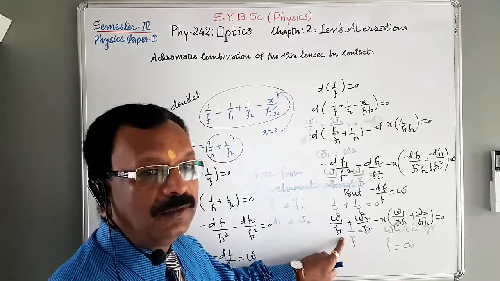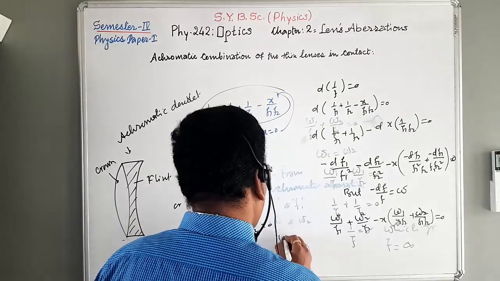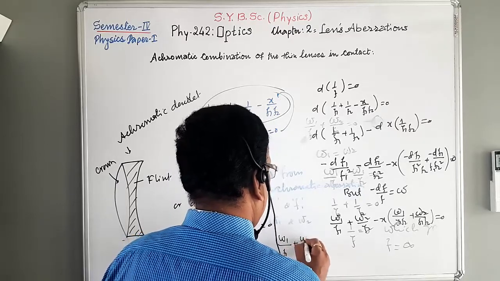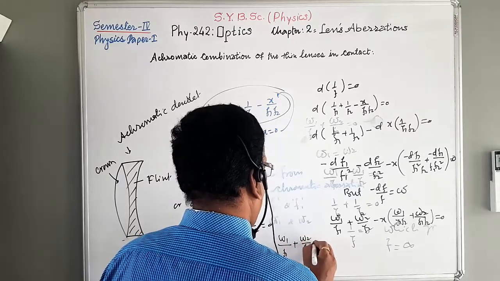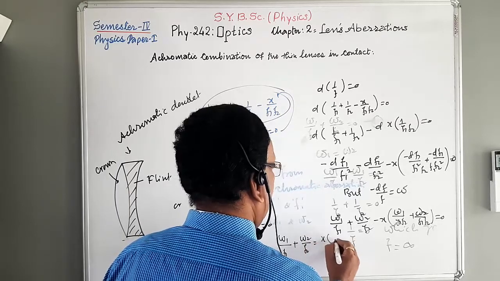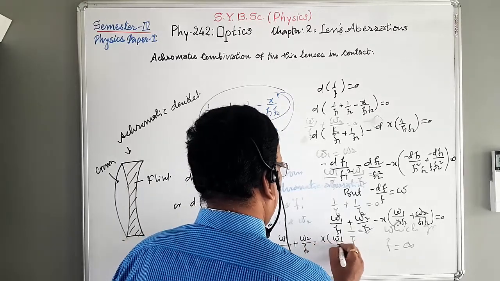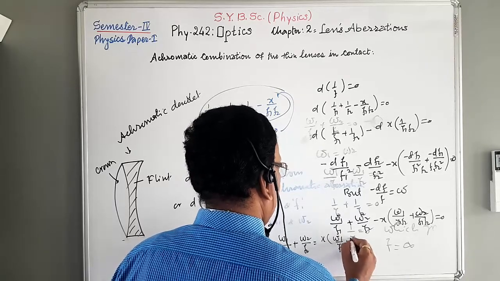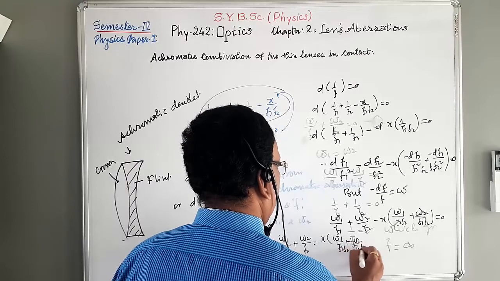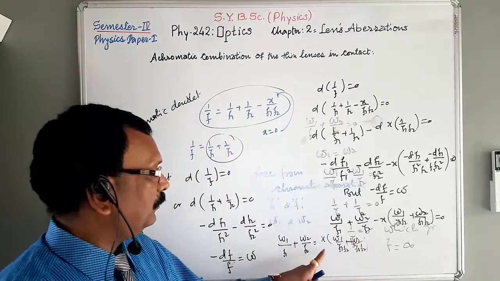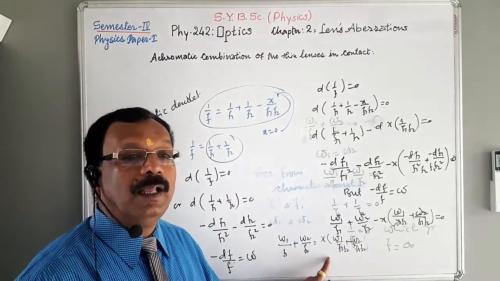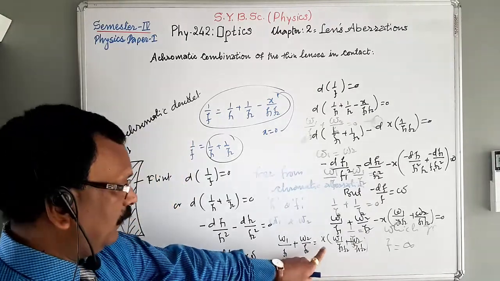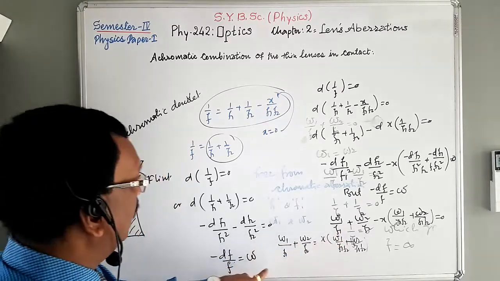Or from this equation we have omega 1 upon f1 plus omega 2 upon f2 is equal to x times (omega 1 upon f1 f2 plus omega 2 upon f1 f2). Now again we can simplify this equation, taking this term toward this side.